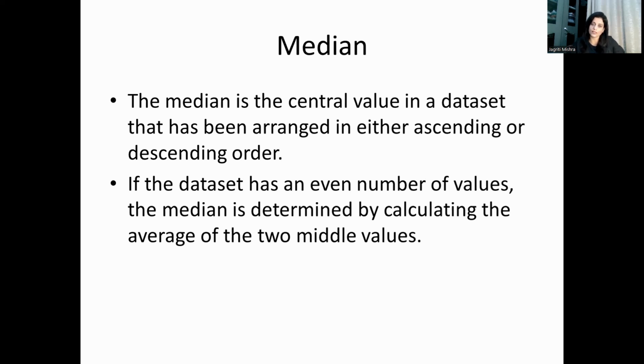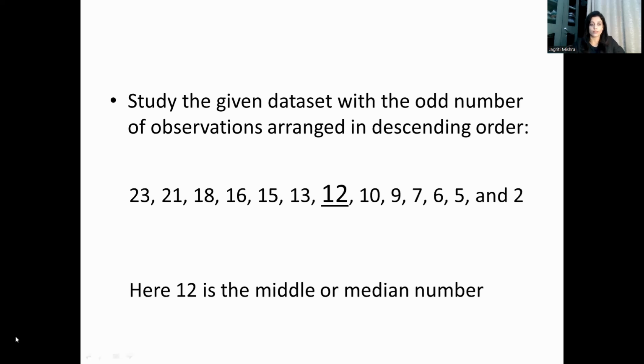So let's see an example for the same. See this data set. So we have 23, 21, 18, 16, 15, 13, 12. And this data has been arranged in descending order. We start from the highest, that is 23, 21, 18, 16. So we can see here that we have 6 values here and we have 6 values here.